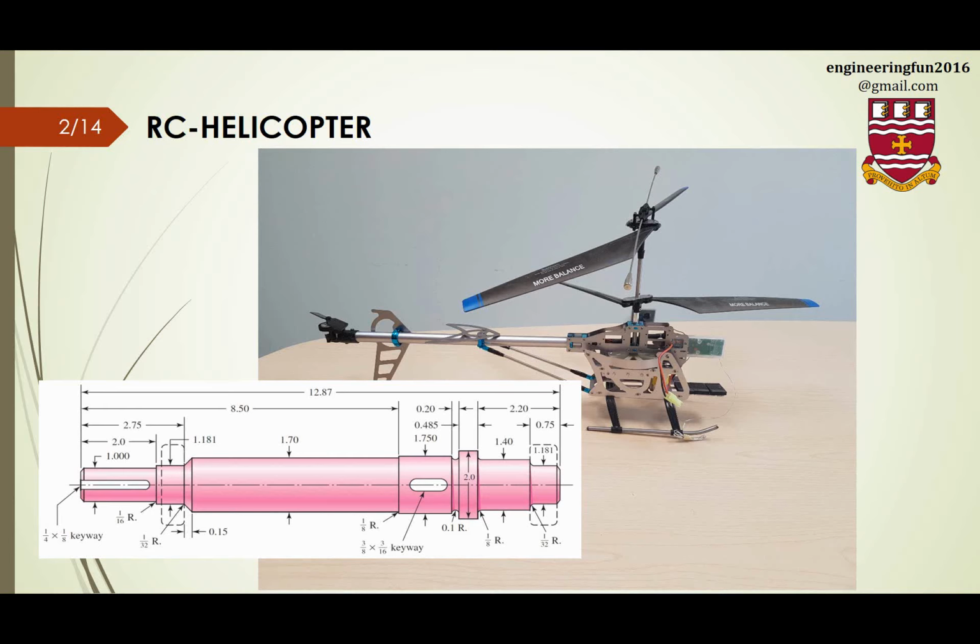We said that we have one external force here where the gear is, and two reaction forces at the bearings, one here and one here. In the previous lecture we found the amounts for these reaction forces.